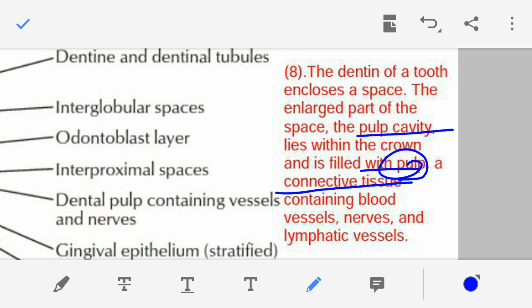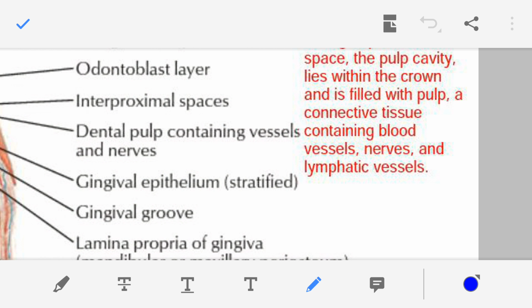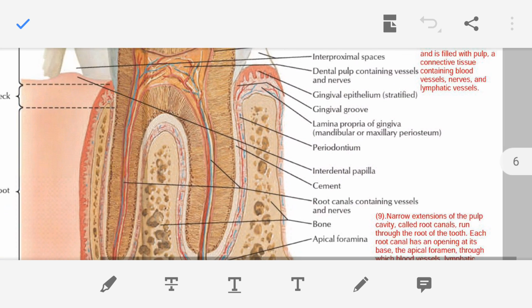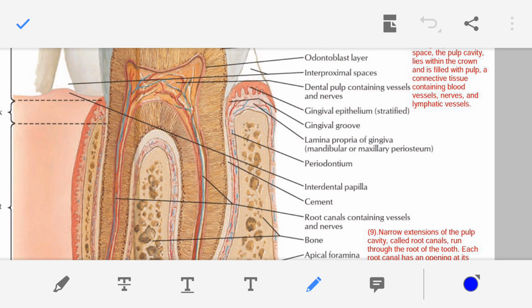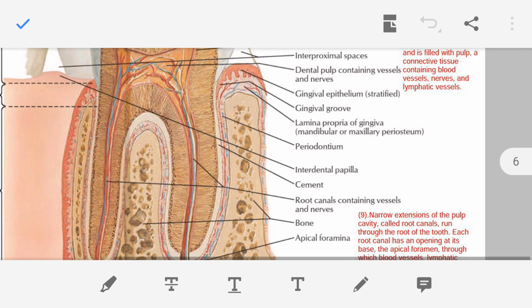Pulp is actually connective tissue, and in this pulp, blood vessels, nerves and lymphatic vessels are present. So over here, as you can see, these are the blood vessels, nerves and lymphatic vessels which are present in the pulp.